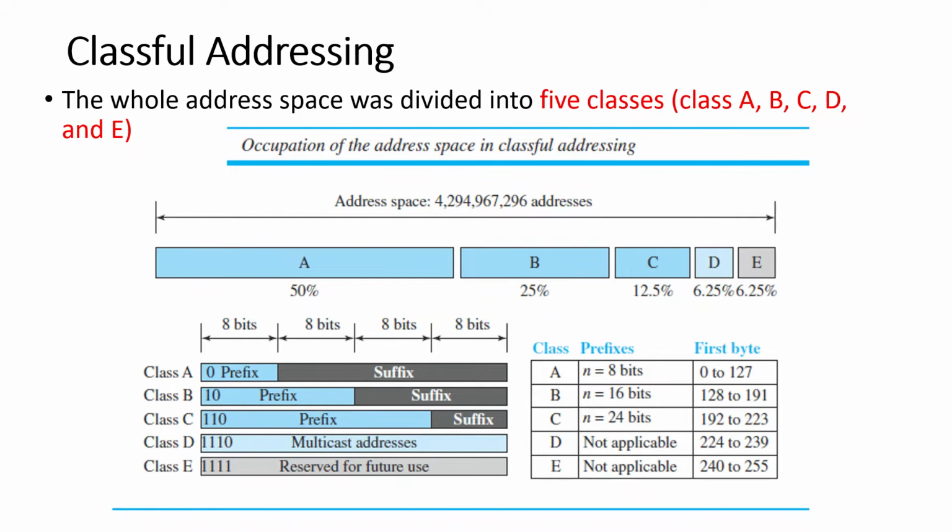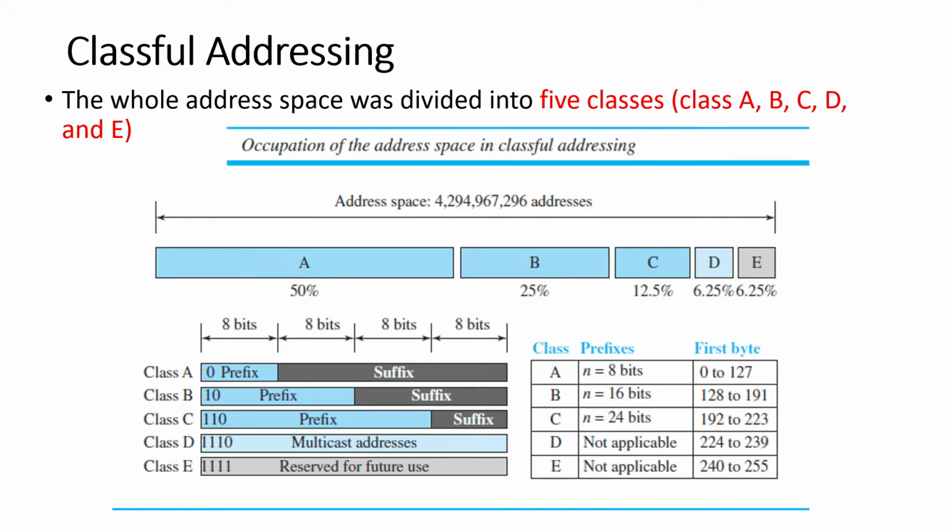In class B, the first 16 bits are used to represent the prefix, the net ID, and the remaining 16 bits are used to represent the suffix, the host ID. So in class B, the n value, that is the prefix, is 16 bits, and the range is from 128 to 191.